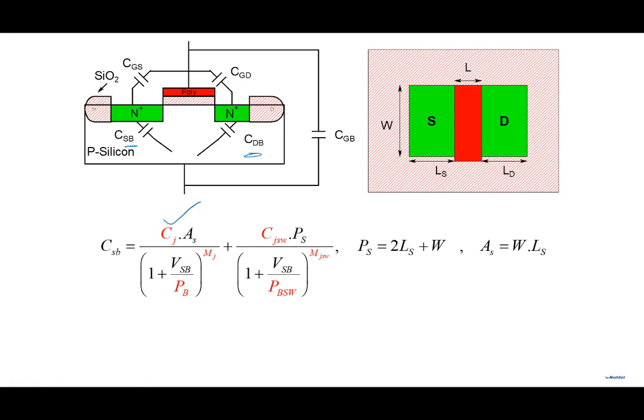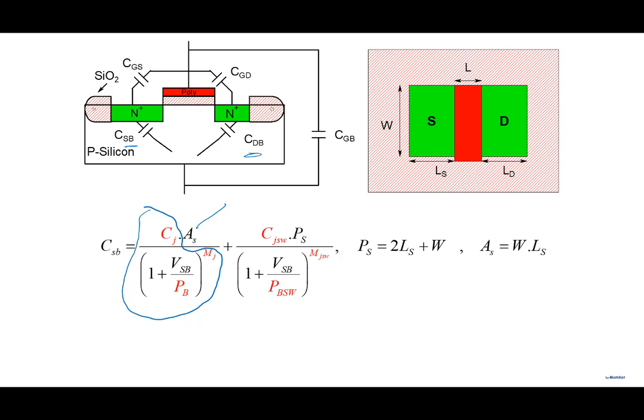We have a PN junction, so this part is the standard PN junction formula for capacitance. This is how the capacitance of a PN junction goes: reverse bias capacitance. And this is the area of the source.